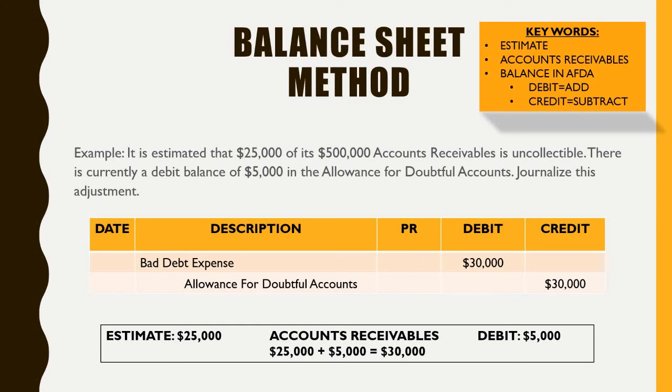I currently have a debit balance of 5,000, so to get to zero, I must go 5,000 steps to the right, and then an additional 25,000 more to reflect in the ledger account for my allowance for doubtful accounts an ending total of $25,000. So 5,000 plus 25,000 gets me to my grand total of $30,000.